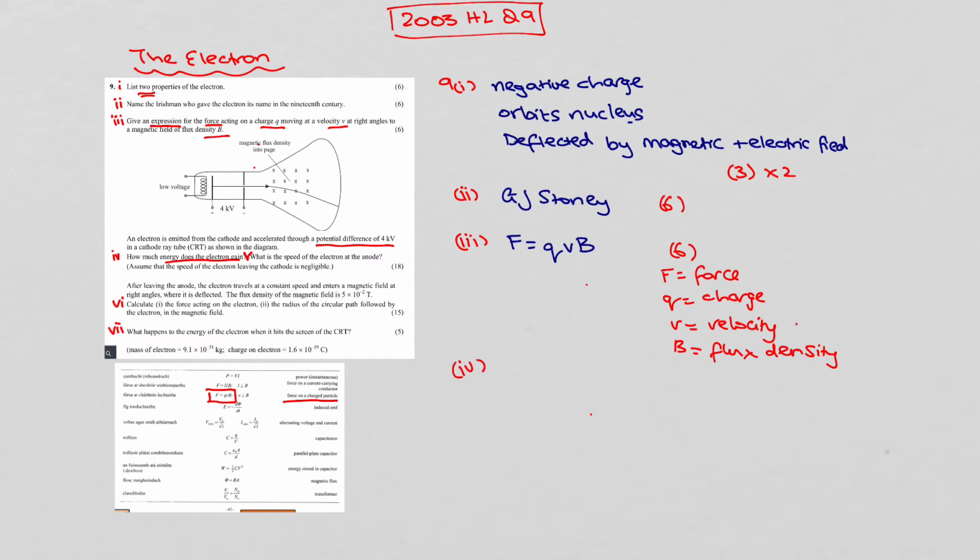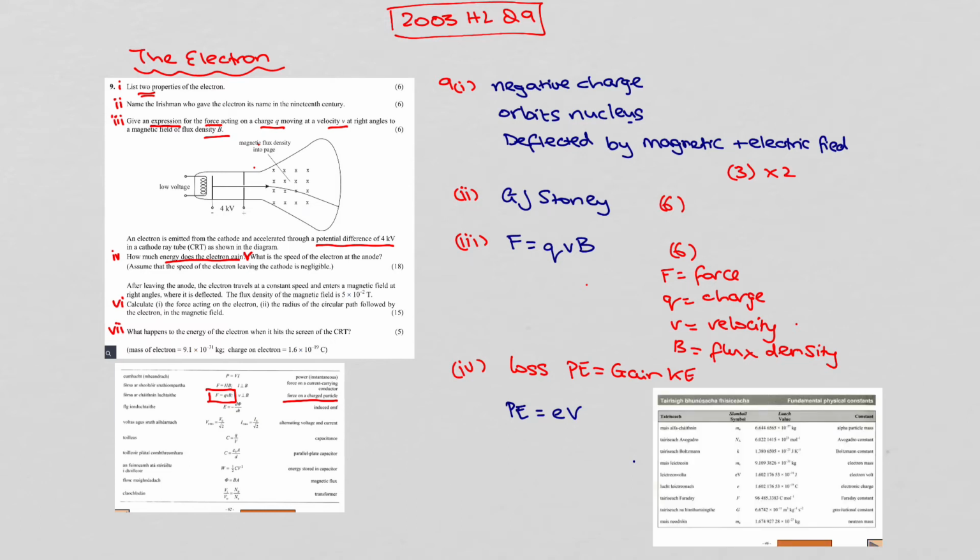So as it moves across the evacuated tube, being accelerated because of that attraction from the high voltage across the anode and the cathode, then we have the loss in electrical potential energy must equal the gain in kinetic energy.